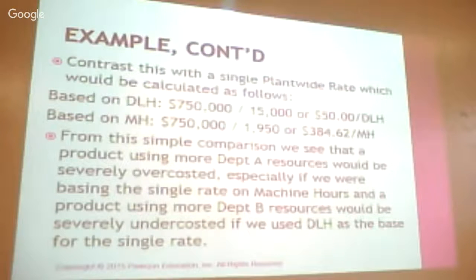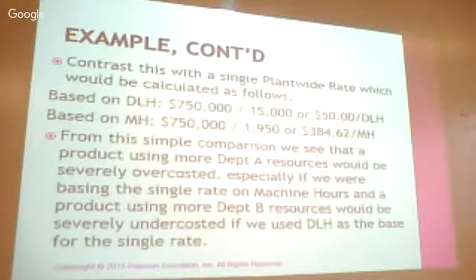Yeah, on the machine hours, I'm under allocating. Okay? Machine hour. Yeah, you would, I'm sorry. Now, if we were basing the single rate on machine hours, a product using more Department B resources would be severely undercosted if we use direct labor hours as the base for the single rate.